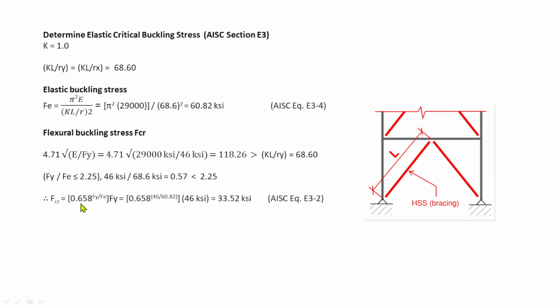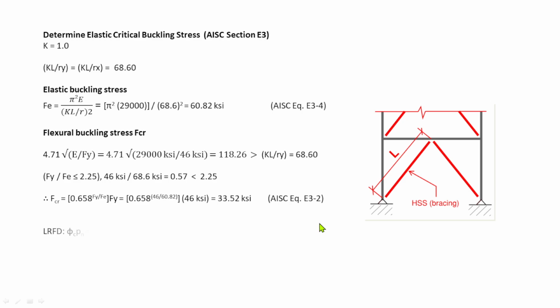Fcr is equal to 0.658 to the power of Fy over Fe, times Fy. Plugging in all these values, times 46, we get 33.52 ksi, and you can verify that this equation is from E3-2.